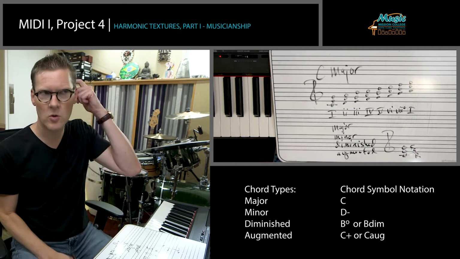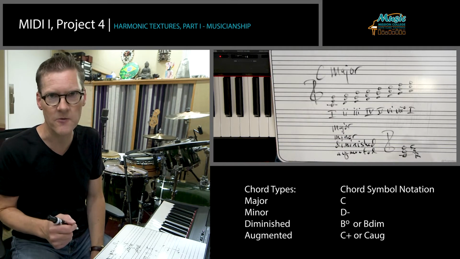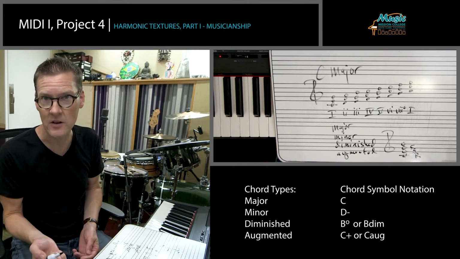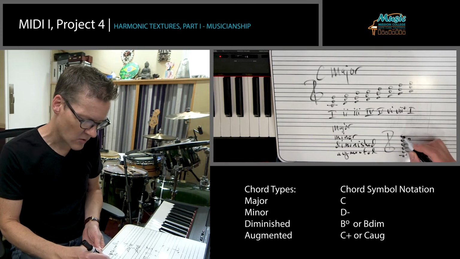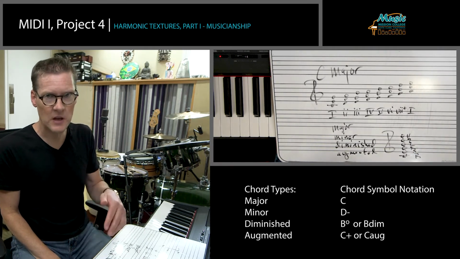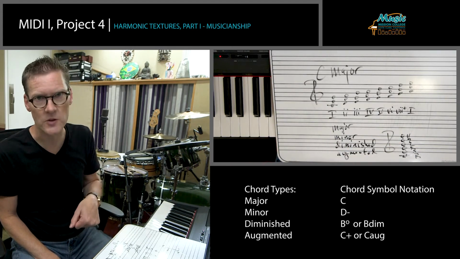So when we label chords, especially as we get beyond this sort of root, third, and fifth, you might see numbers like a 7 on a chord, or a 9, or even 11, or even a 13. That just means that those additional notes, that's how far they are from the root.